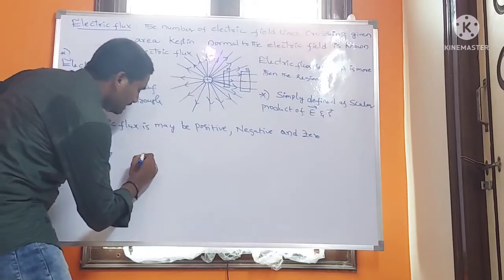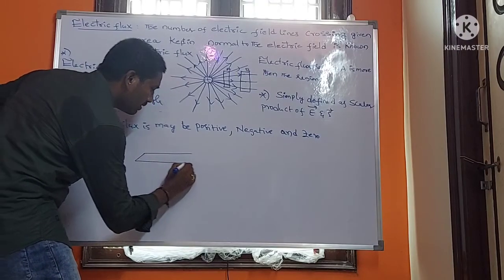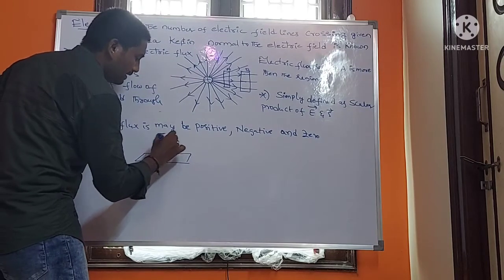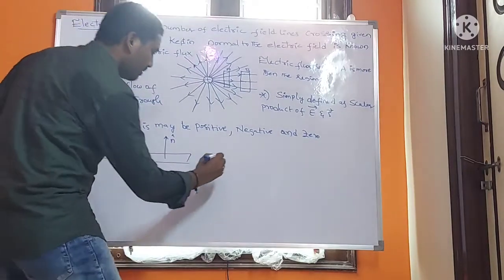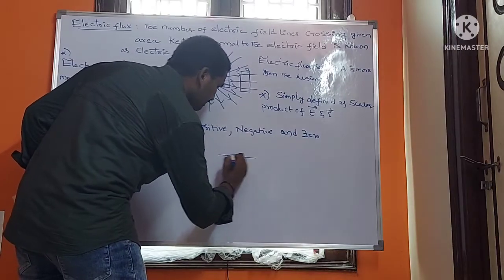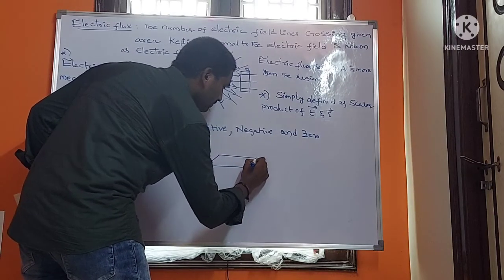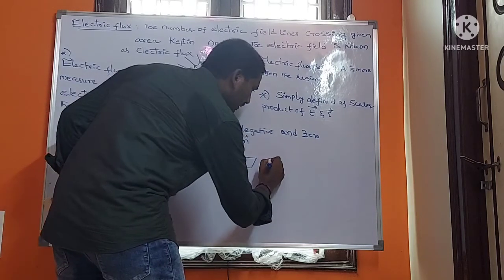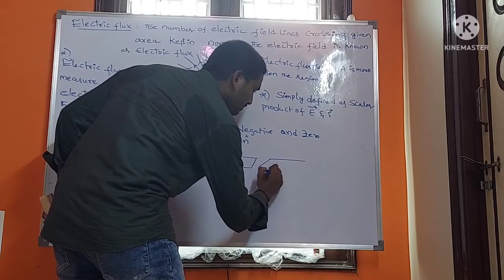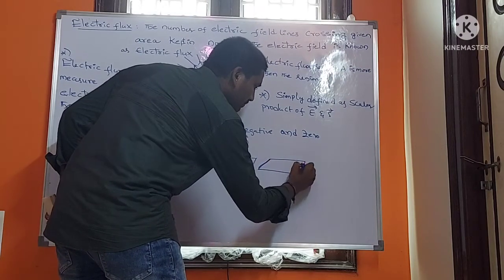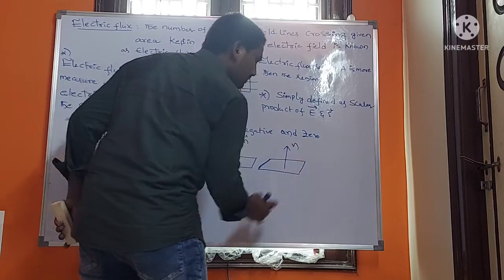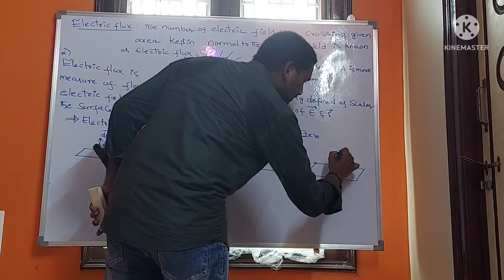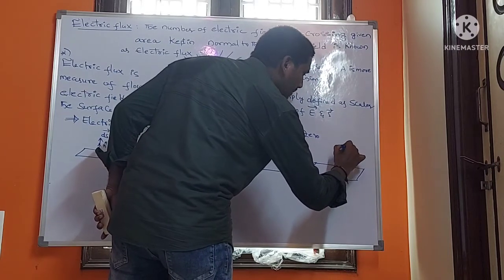So here are the three conditions. For example, this is the area vector n, the second one the same area vector n cap, the third one is the area vector n, and finally the fourth one is the area vector n cap.